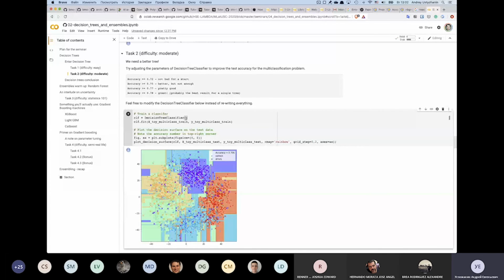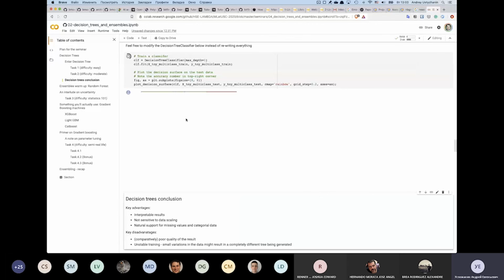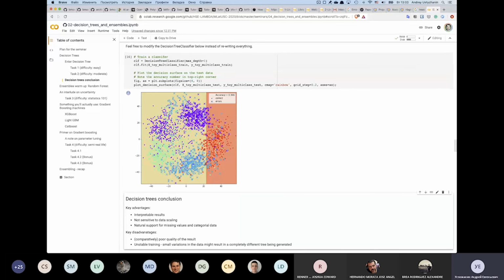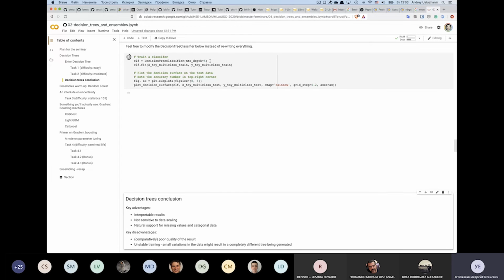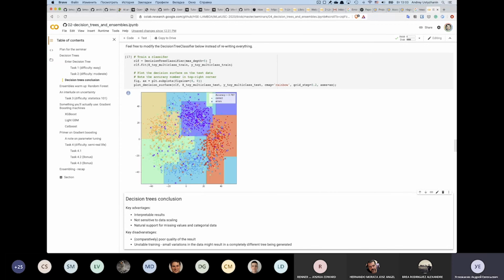So let's see if we can get 0.72 for ourselves, with simple depth equal to 1. This is not the case. And if we increase it to 5, we get a little better accuracy.